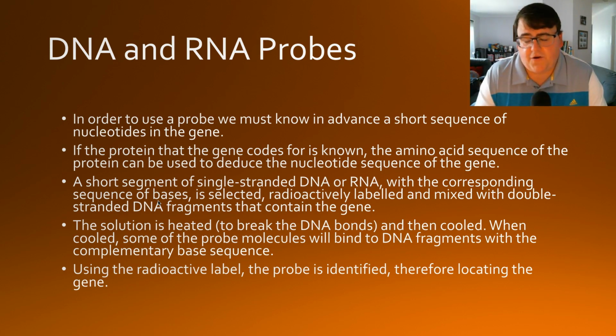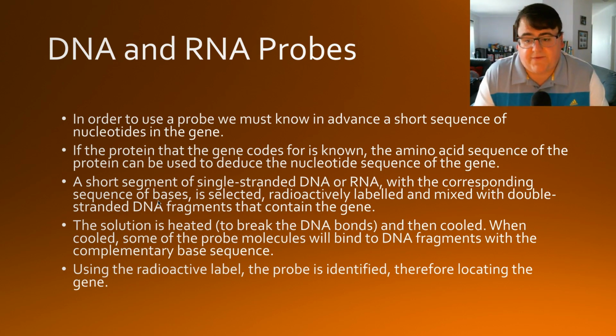So you either have to know the exact nucleotide sequence or know the protein that the gene codes for. If you know either of those, you can use DNA and RNA probes. What is a DNA or RNA probe? It's just a short segment of single-stranded DNA or RNA that has the corresponding sequence of bases to bond with the gene that you're looking for.